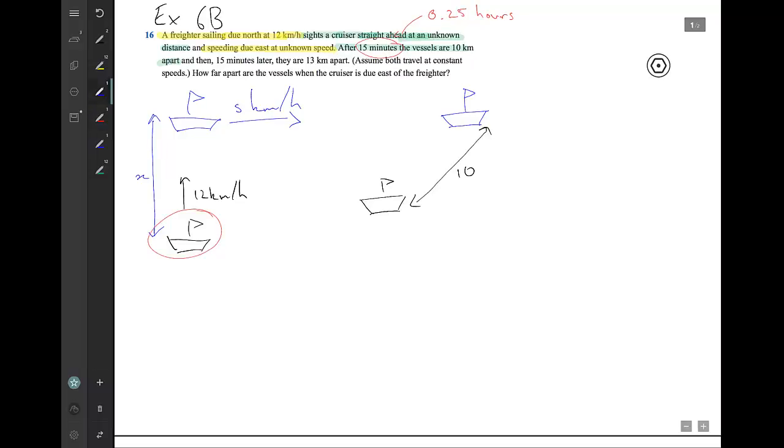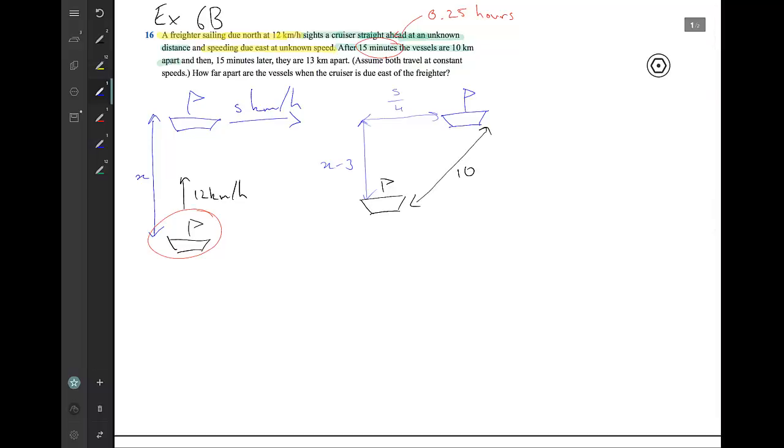So whereas before we had x on the left-hand side, we're now going to have x minus 3, because this freighter has gone up 3 kilometers. We're also told that this cruiser, the blue boat, has gone to the east, or to the right, s kilometers an hour. Well, in a quarter of an hour, that would just be s on 4.